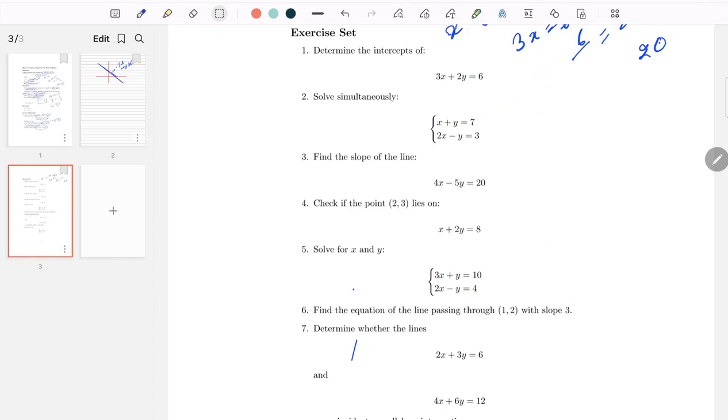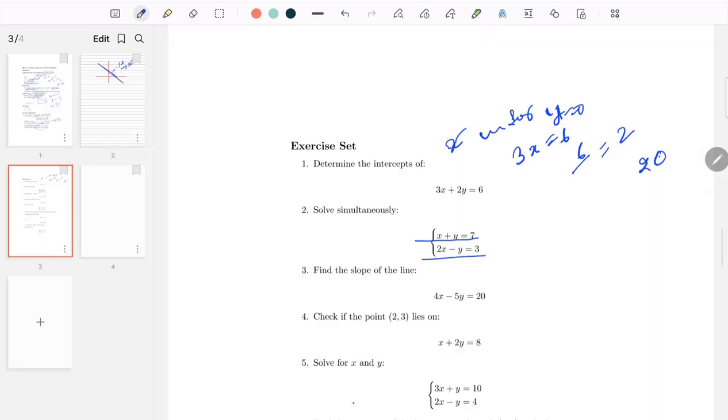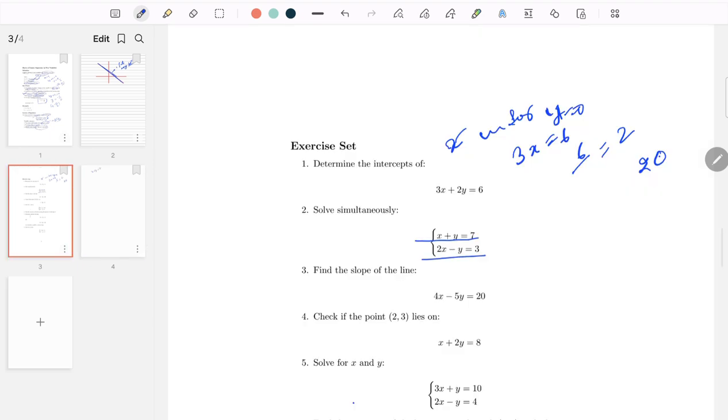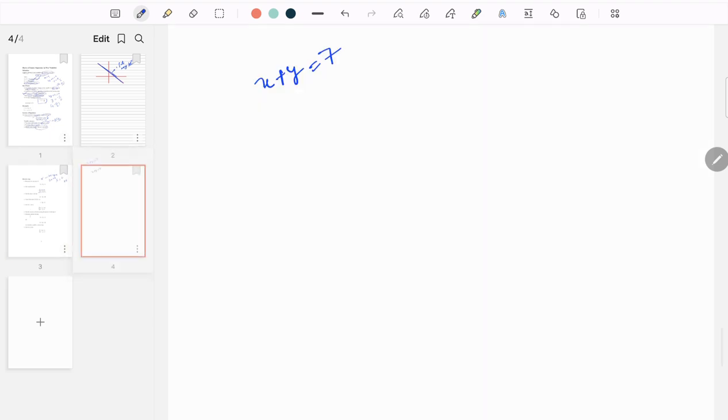Now our next question is a system of equations: x plus y equal to 7 and 2x minus y equal to 3. Let me solve it.